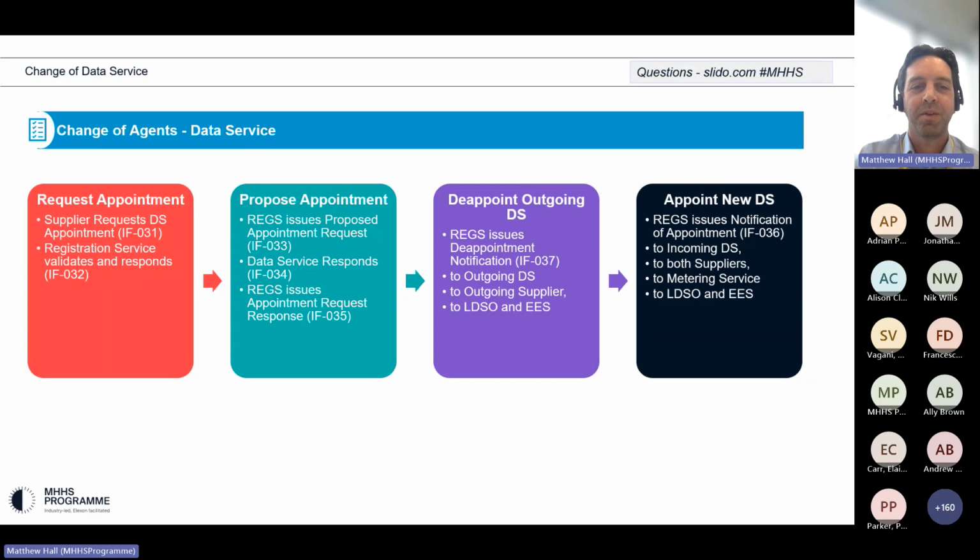So if there is a positive response, then the registration service issues a de-appointment notification on the IF37 to the outgoing data service, to the outgoing supplier, to the LDSO, and to EES. And the registration service issues a notification of appointment to the incoming data service, to both suppliers, to the metering service, to LDSO, and to EES.